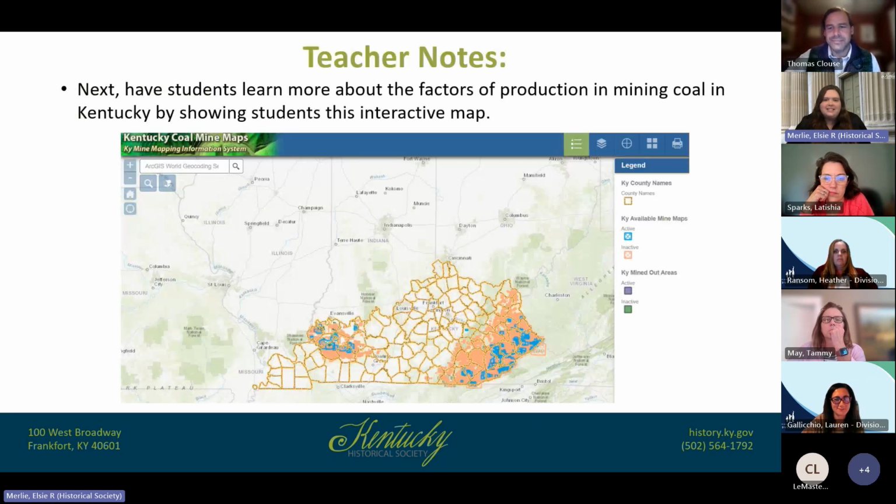All right. So to help develop a sense of place for your students, the addition of using this map I'm going to be showing you would be a great visual representation of coal mining in Kentucky.